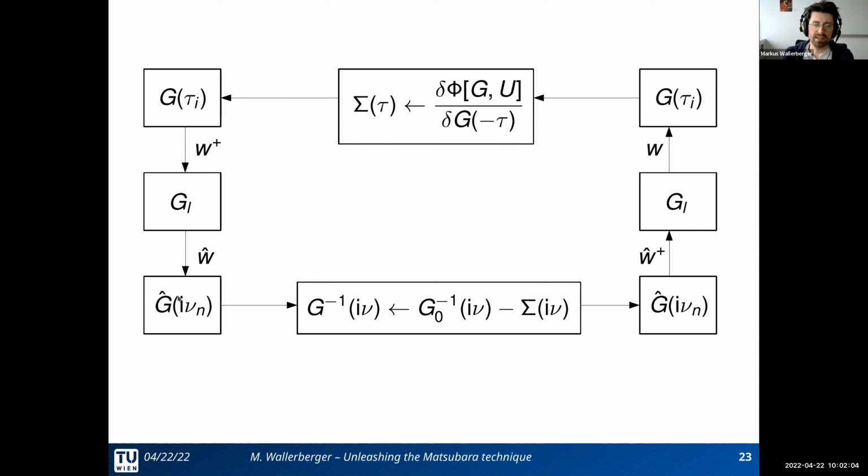Then we expand the self-energy again on this basis, on frequencies. One has to be a little careful there with the static term. Then we solve the Dyson equation on these sets of frequencies, get the Green's function on the frequencies, fit it again, and close that loop.